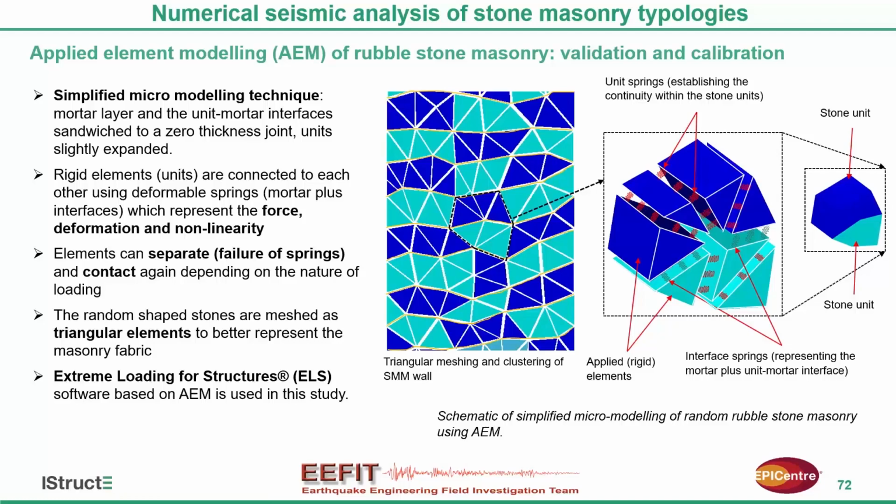Basically, stones are considered as rigid elements, and all the deformability of the material and nonlinearity is concentrated at this interface represented by these springs, which can fail. After the failure of springs, the elements can come in contact and friction can occur. This is the strategy we have followed for modeling rubble stone masonry so that we can get irregular shaped stones. That's the software we have used, Extreme Loading for Structures.